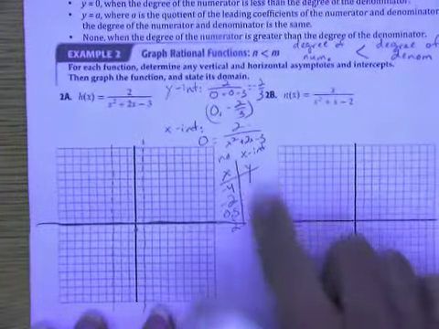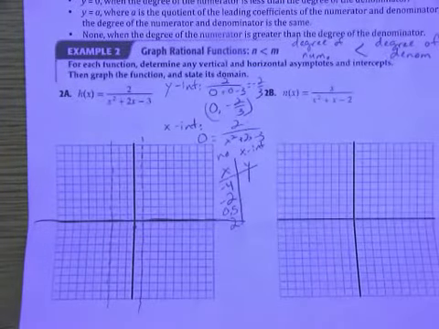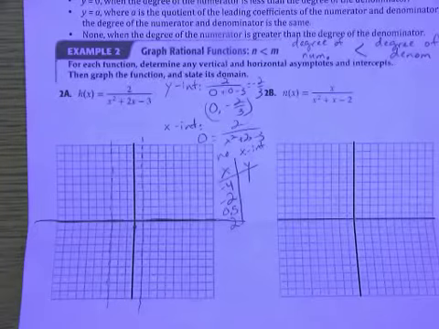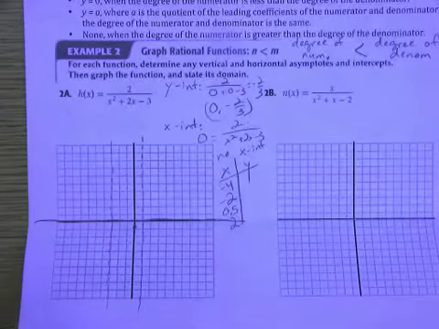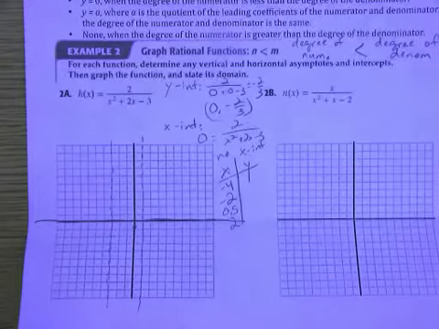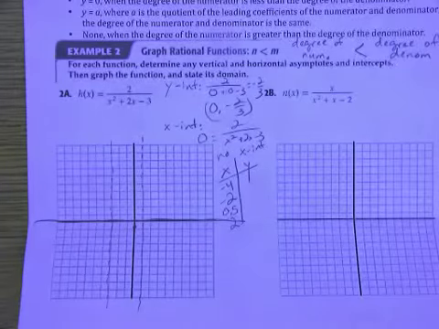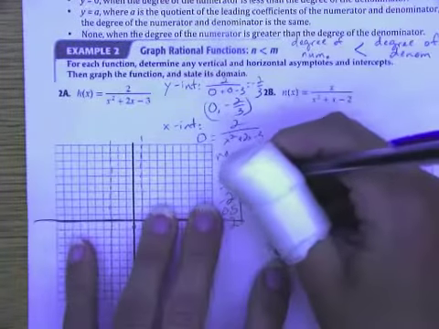Just to be on the safe side, let's plug in 0.5. And then I'll plug in 2, a number after my asymptote on the right. Okay, so again, I'm taking these values and plugging them in for x here in order to find their corresponding y values. So I've got my calculator, you've got yours.